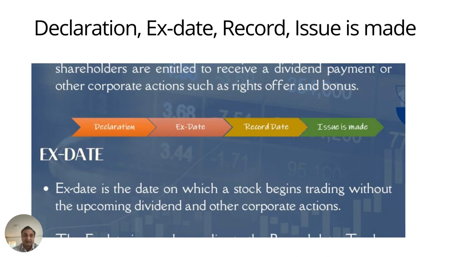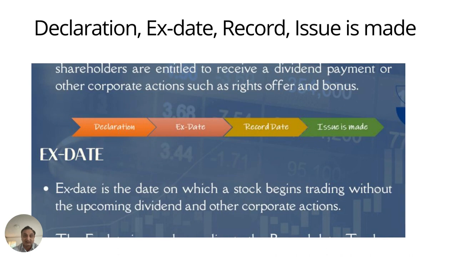Why? Because the transaction happens at T plus 2, that is the trading day and 2 working days. So always remember, if Saturday, Sunday, or holidays come in, you have to be careful of this. It is T plus 2 for those shares to come to your account. So if I buy today, only after 2 working days will those shares come in my name.